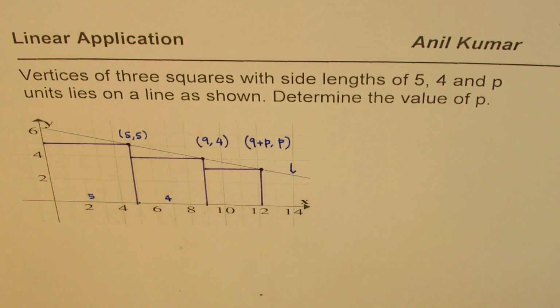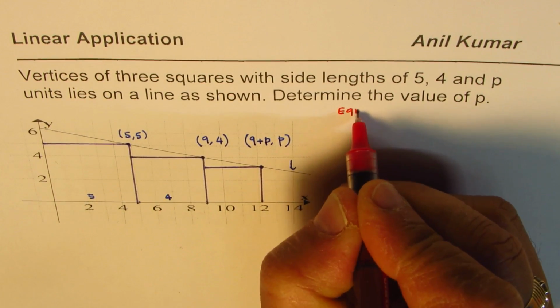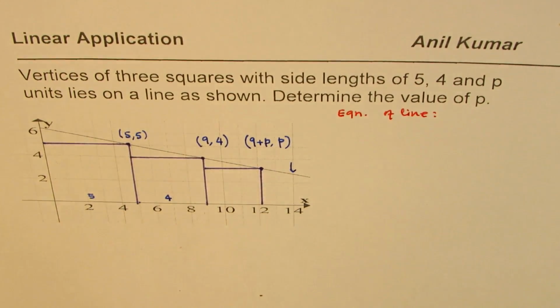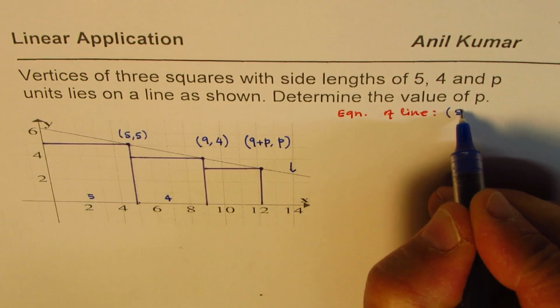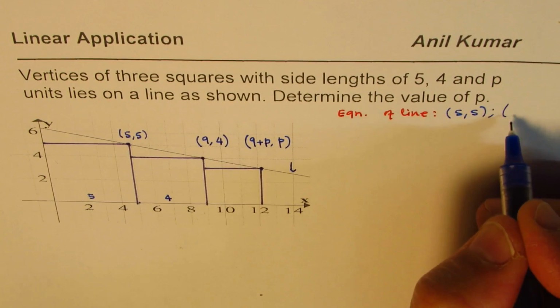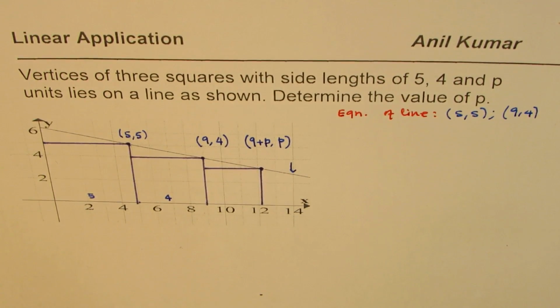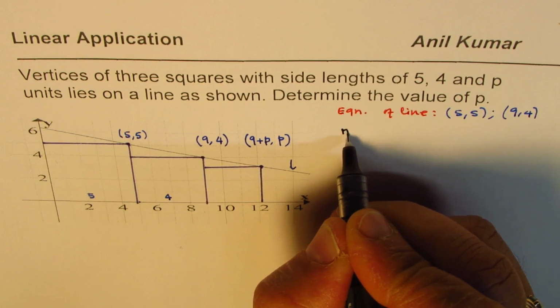Then let's try to find the equation of the line. For that we actually need 2 points, so we can start with the coordinates (5, 5) and (9, 4). These 2 points will help us write down the equation. So let's find the slope, let's say m.